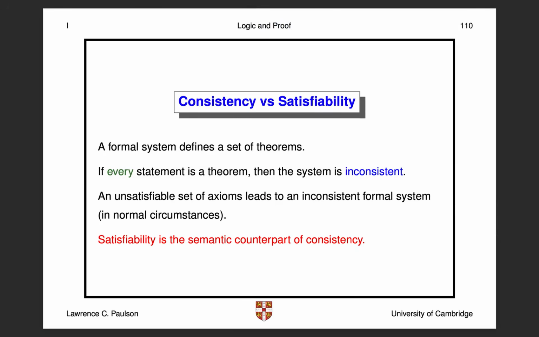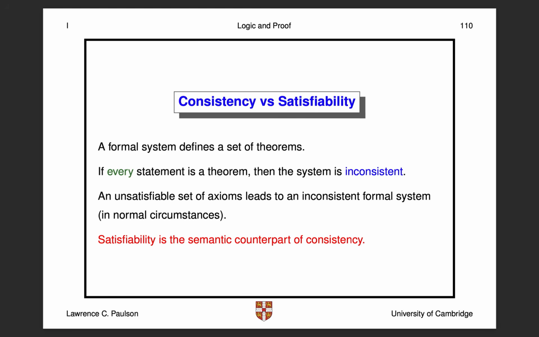Now, we are concerned in formal systems with a crucial property known as consistency. This is related to satisfiability. So remember, a formal system is a mathematical object that defines a set of theorems for whatever language it is concerned with. Now, it may happen that every statement is a theorem. Now, you might say, why?